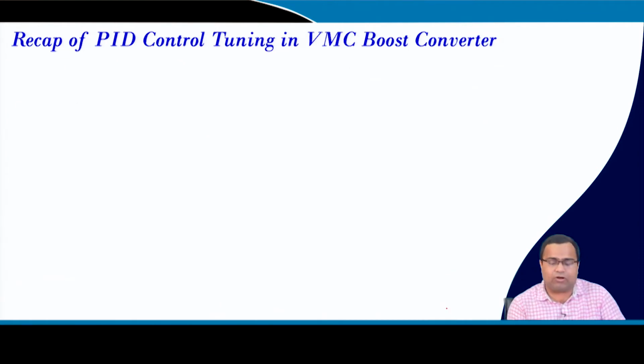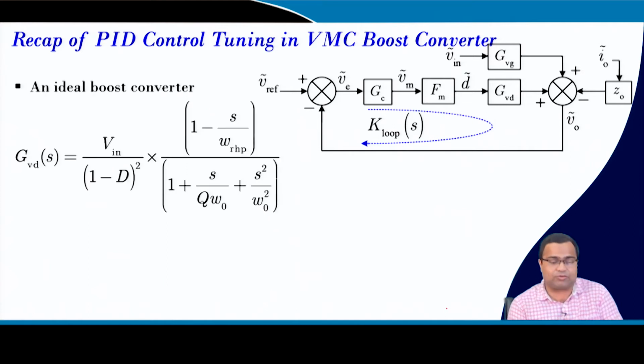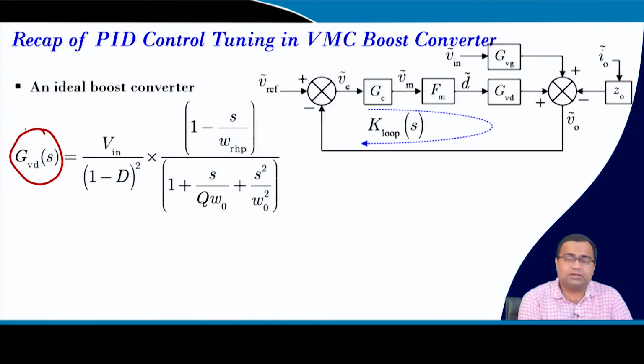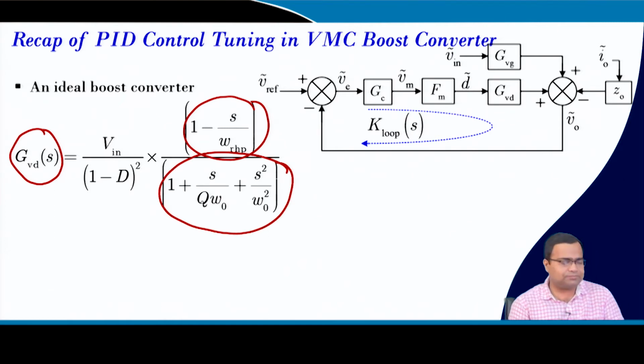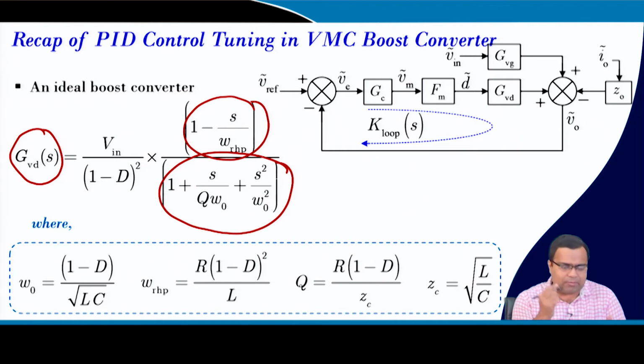For example, if we recall our boost converter under voltage mode control, we have used a PID controller where the control to output transfer function of the boost converter consists of one right half plane zero and of course, there are two stable complex conjugate poles in general, and we have already discussed what these are: omega 0, the natural frequency, then the RHP zero frequency, then the Q factor, and this is also a function of the characteristic impedance.